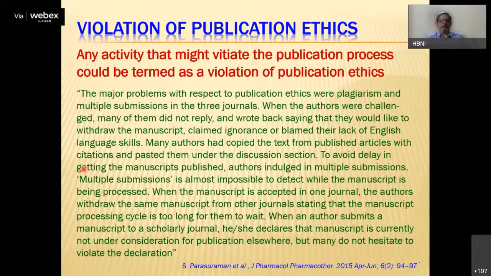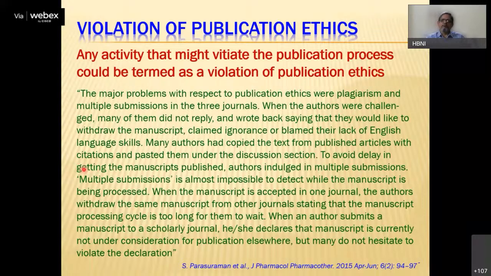This is an unethical practice, because when the manuscript is accepted in one journal, the authors withdraw the same manuscript from the other journals, stating that the manuscript processing cycle is too long or giving some other such excuse, and say they don't want to wait.